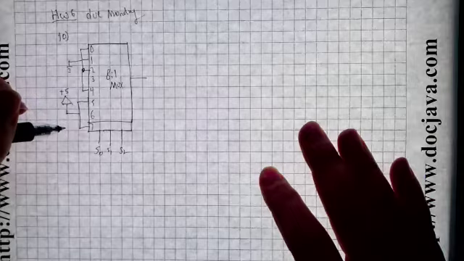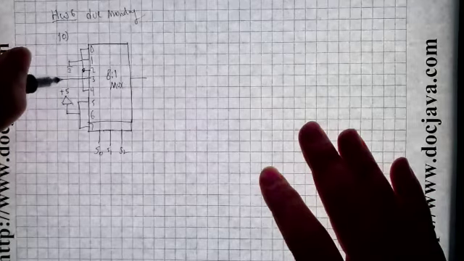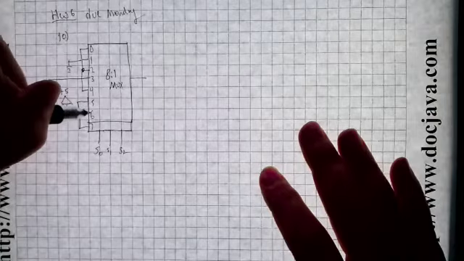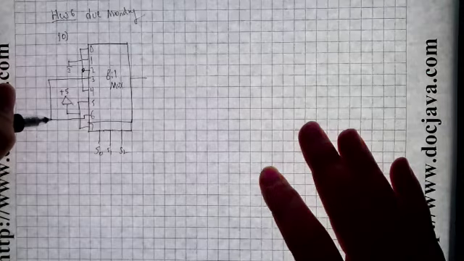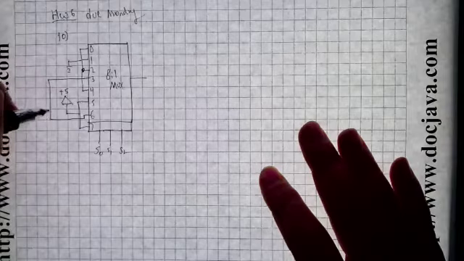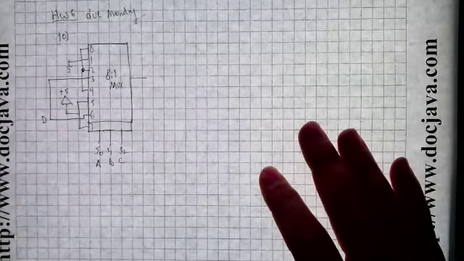And then D3 and 6 are hooked together, and they are set to D. And so these go to A, B, and C.